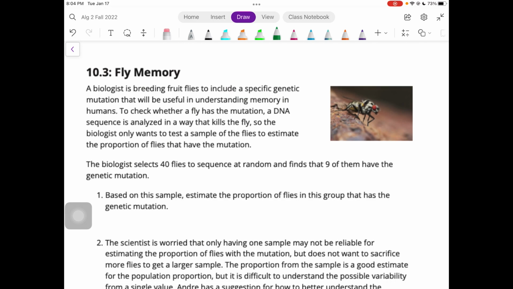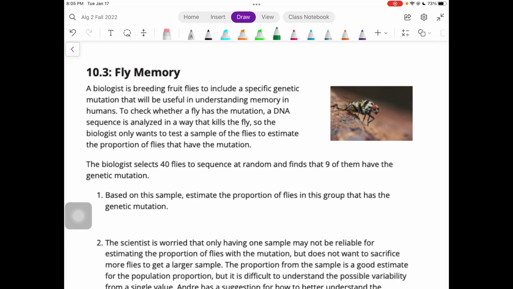10.3, fly memory. A biologist is breeding fruit flies to include a specific genetic mutation that will be useful in understanding memory in humans. To check whether a fly has the mutation, a DNA sequence is analyzed in a way that kills the fly, so the biologist only wants to test a sample of the flies to estimate the proportion of flies that have the mutation.